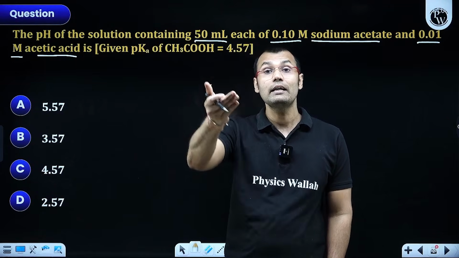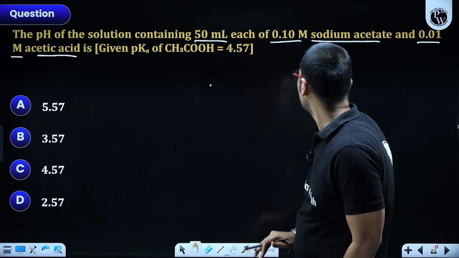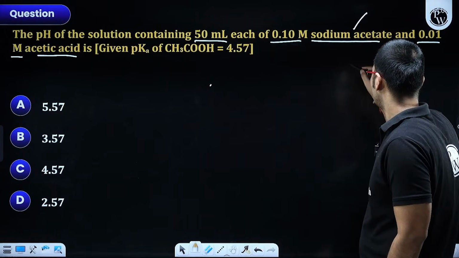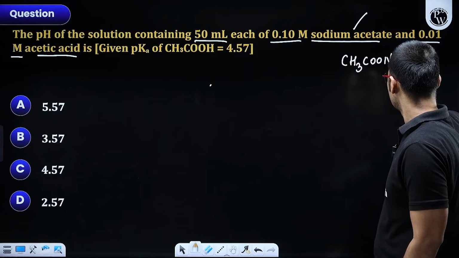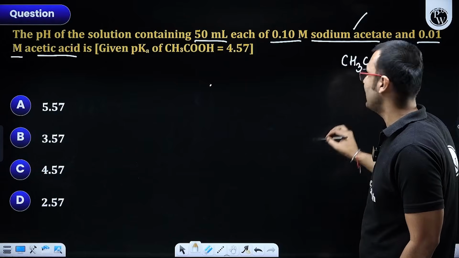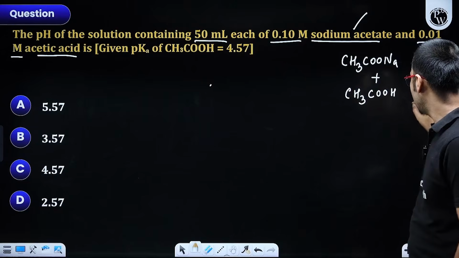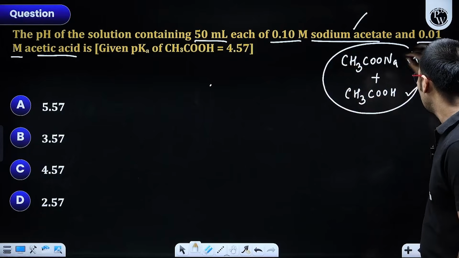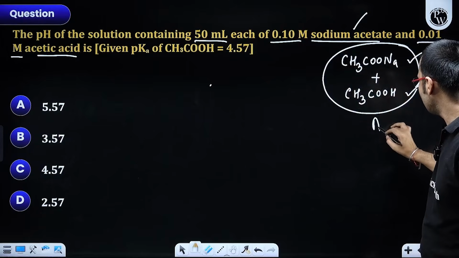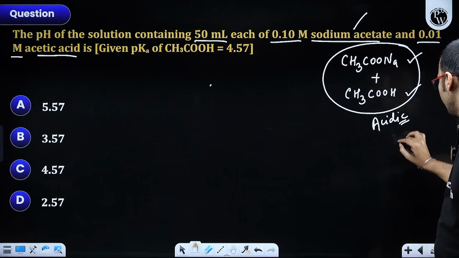You will have to identify on your own that we have a mixture of sodium acetate along with acetic acid. If I am mixing a weak acid with its corresponding salt, it is nothing but weak acid plus salt, which gives you an acidic buffer. So this mixture will function like an acidic buffer, right?